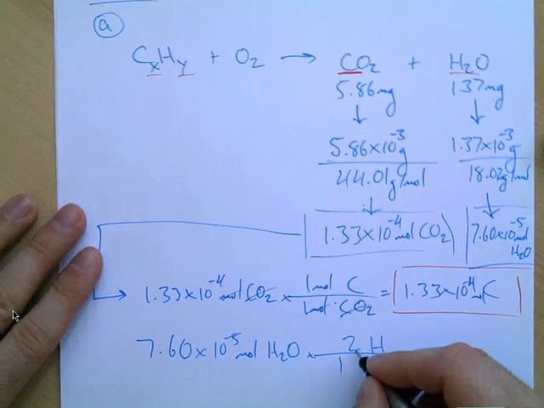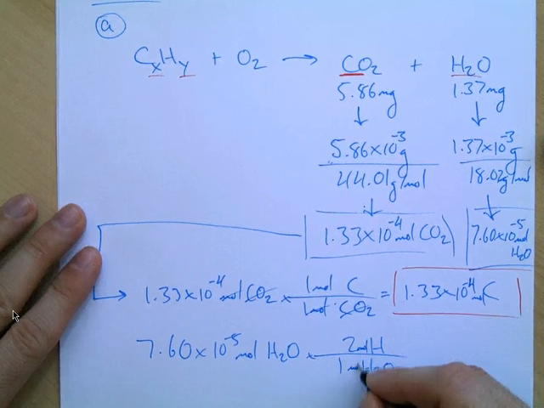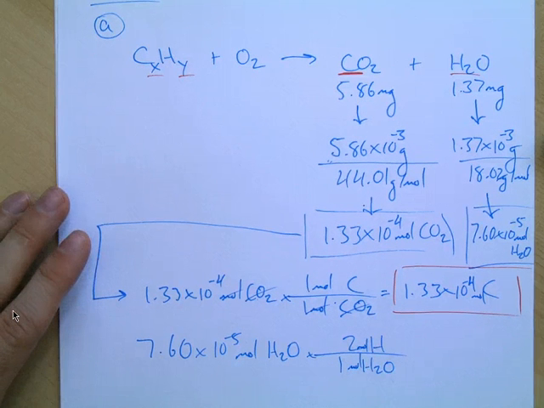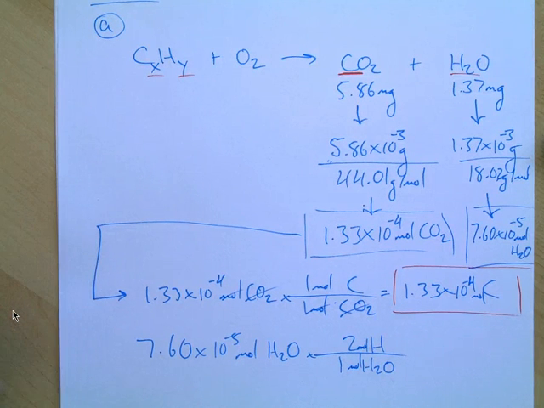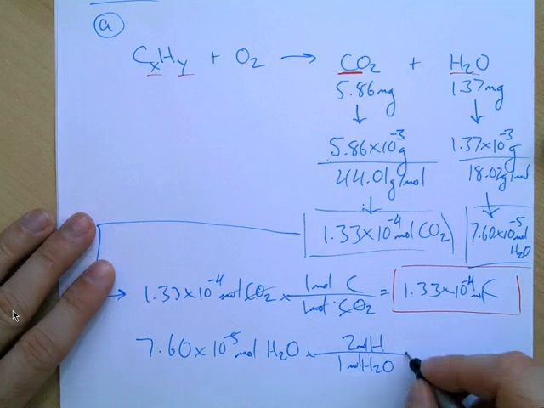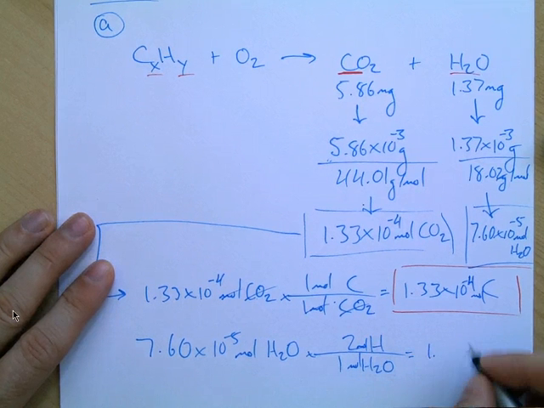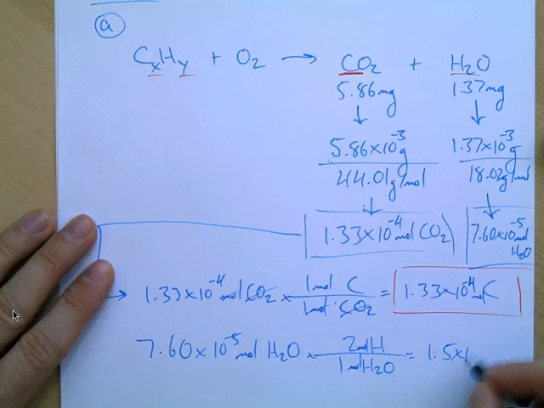So it's a 2-to-1 ratio. So I actually have to take this number and multiply it by 2. When I multiply it by 2, I get 1.5 times 10 to the negative fourth moles of hydrogen.